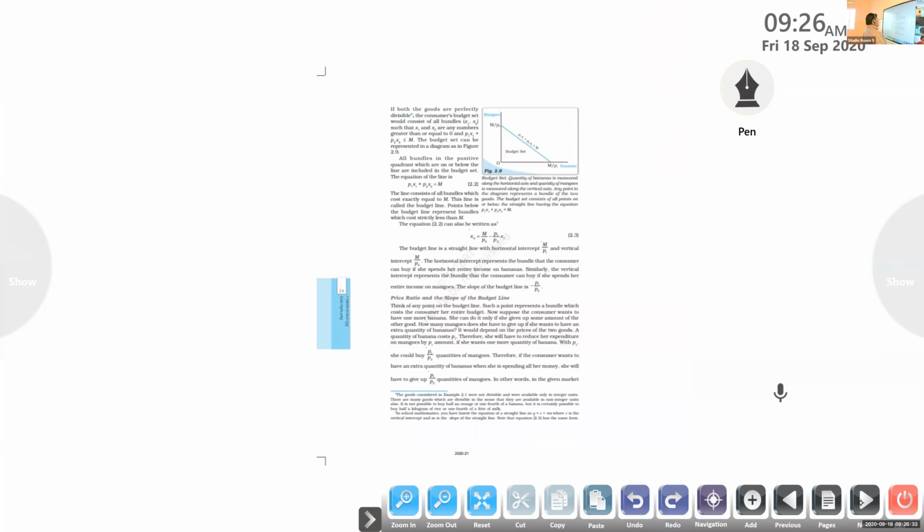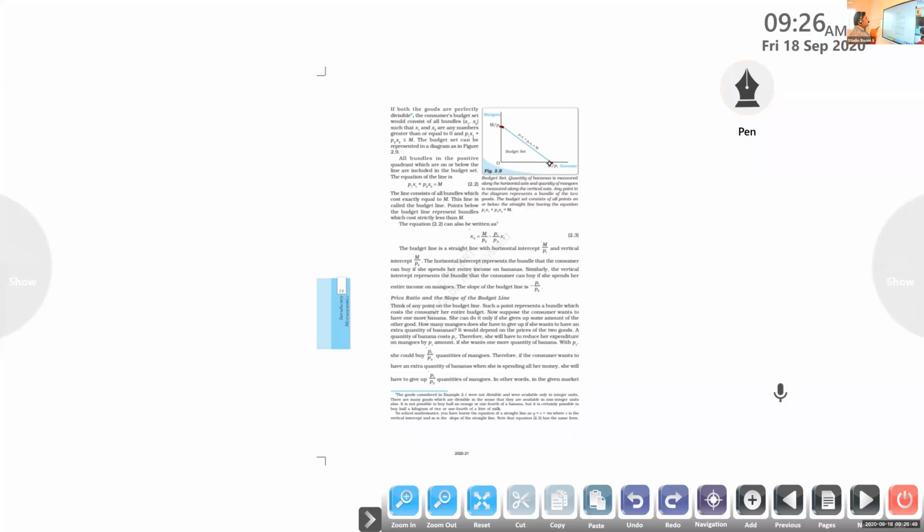So we discussed the budget line here. If you are going to purchase a particular product like mangoes, there is a point here. You can find an extreme point.